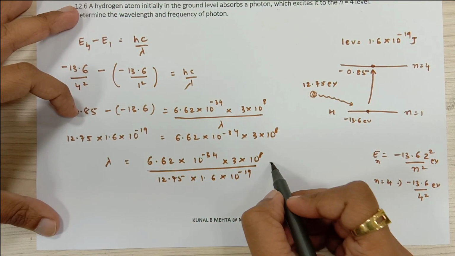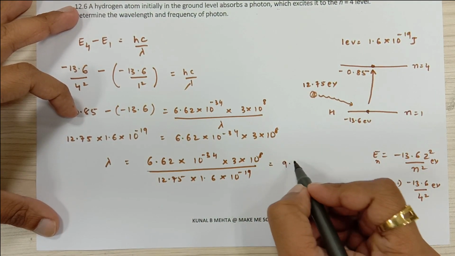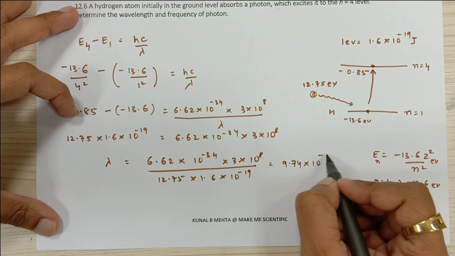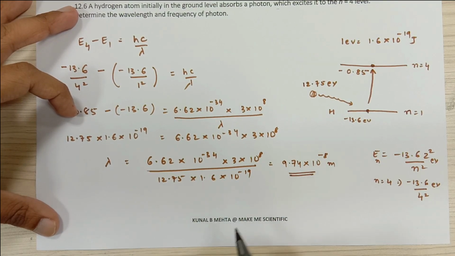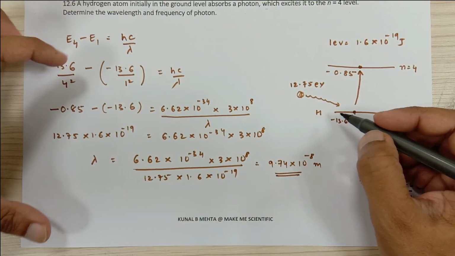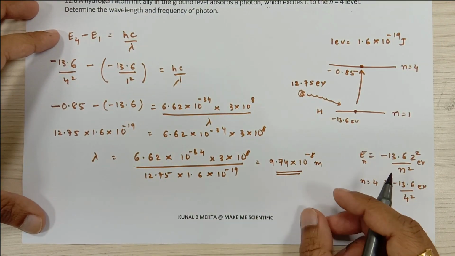Guys, if you solve this, you will get your answer as 9.74 into 10 raised to minus 8 meters. This is the wavelength of the photon required to excite this electron from 1 to 4.